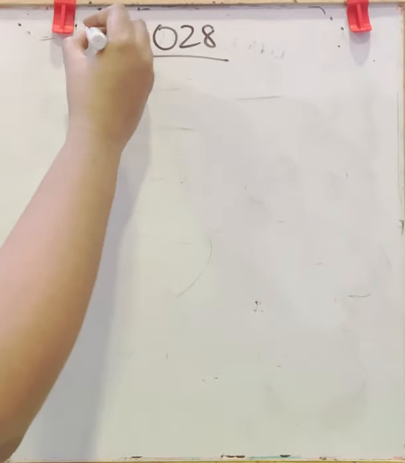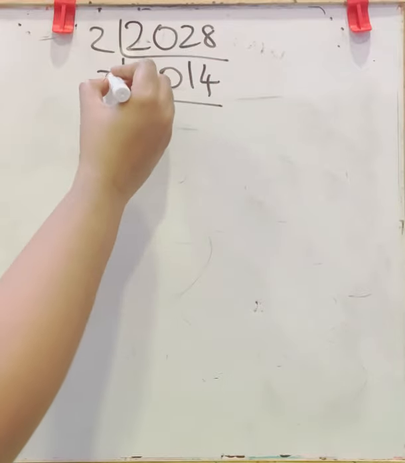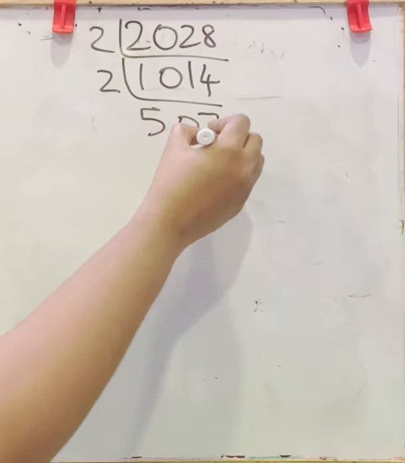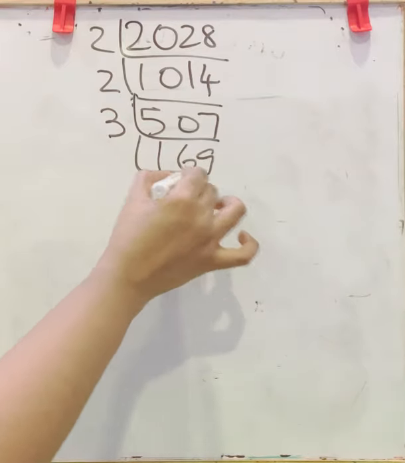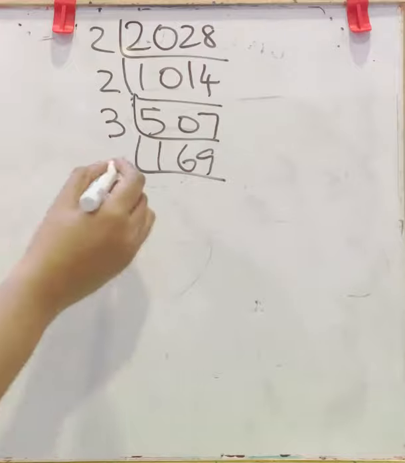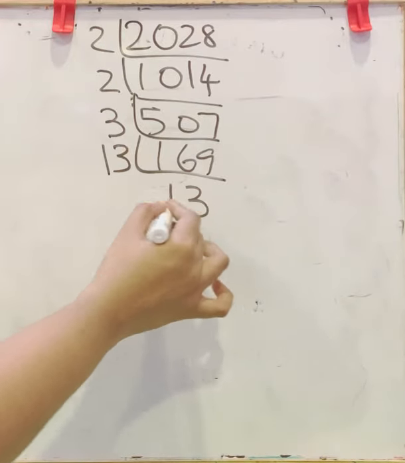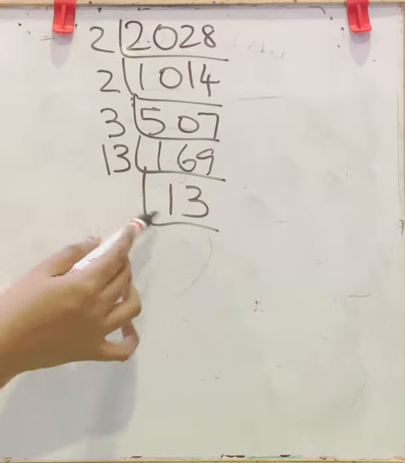2028, factorizing. This 3, yes, 169, and 169 is not divisible by 3, it is not divisible by 5, 7, 11, next is 13. 13 13s are 169, note this number, 169 is 13 into 13.